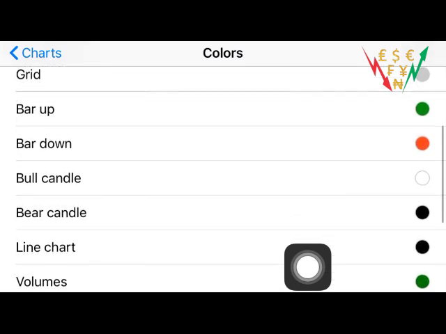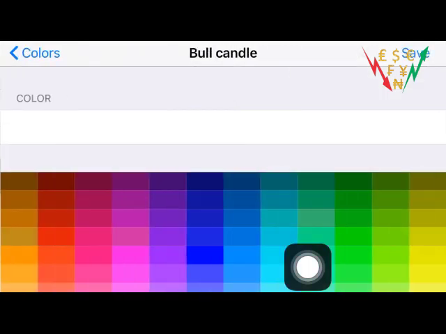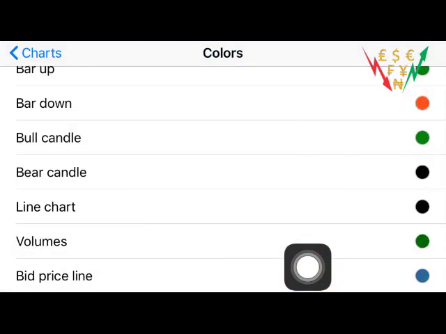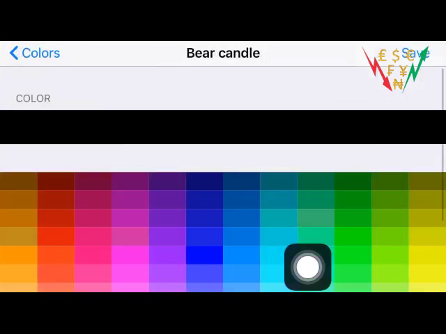Okay, now the bar down candle is the candle that indicates the bears in the market. That shows that sellers are in the market, or we want to see those candles when the price is falling down. So I'm going to make it red for the purpose of this. Okay, now the bull candle, guys, this is where it becomes a little bit technical but not an issue.